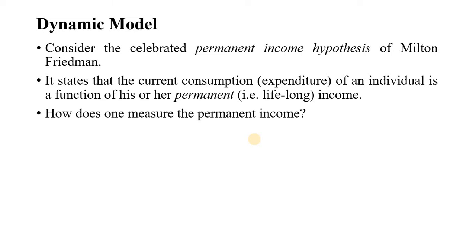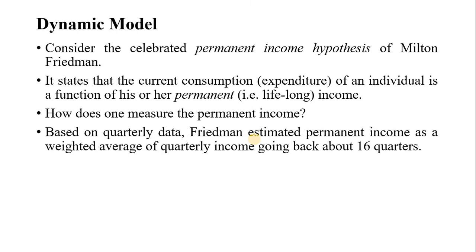But the problem is, how does one measure the permanent income? Current income can be easily measured, but how can we measure permanent income? Friedman took quarterly data, and based on it he estimated permanent income as a weighted average of quarterly income going back about 16 quarters.